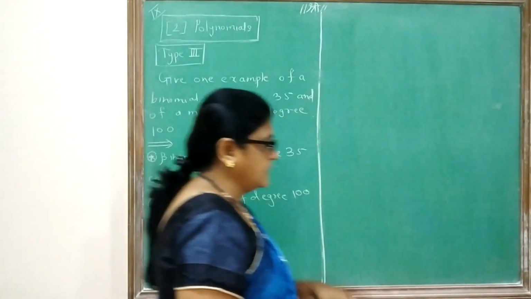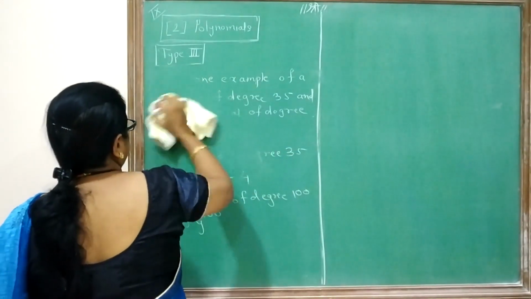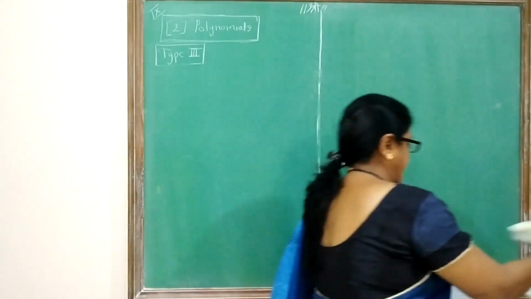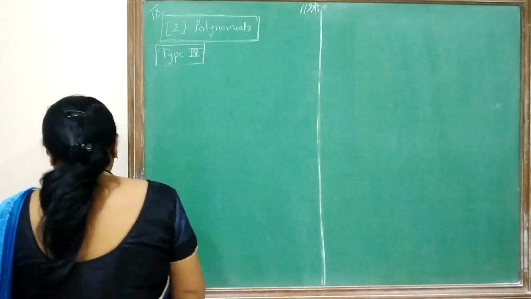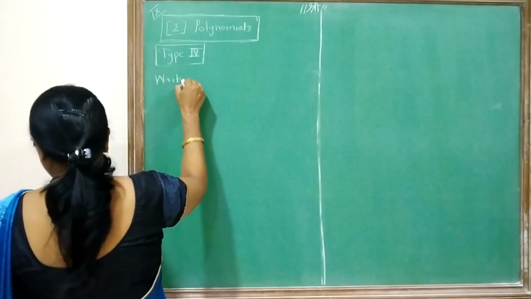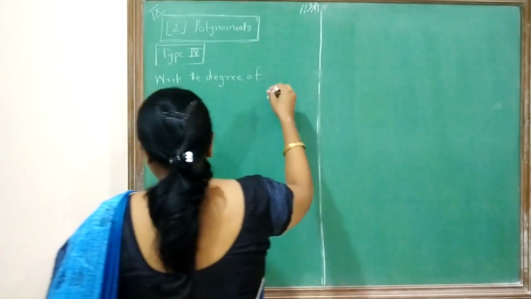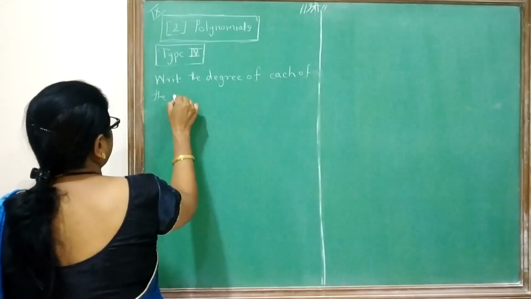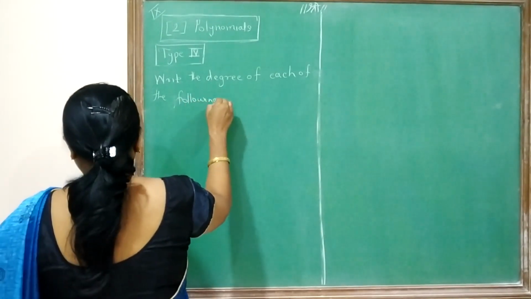So let's start type number 4. Your fourth type is: write the degree of each of the following polynomials.